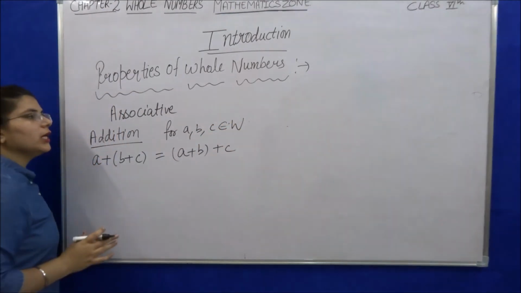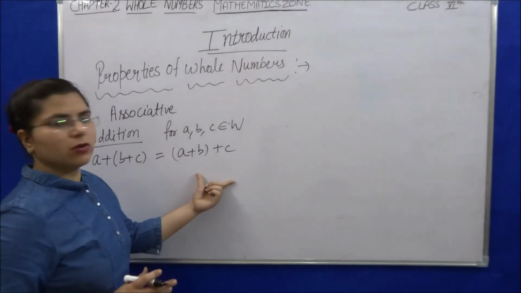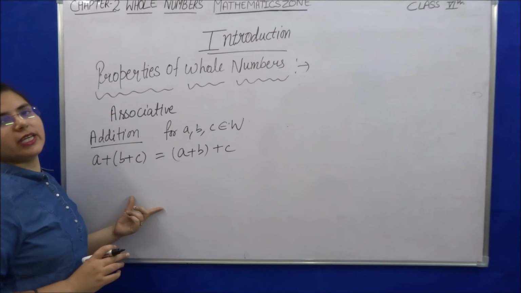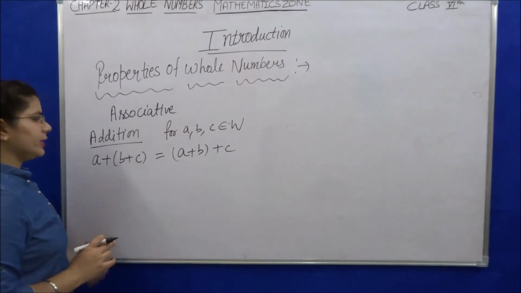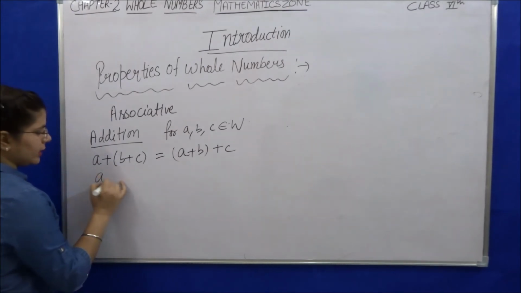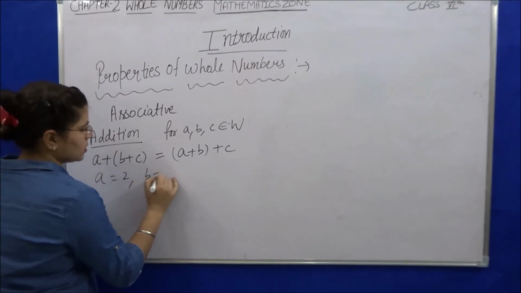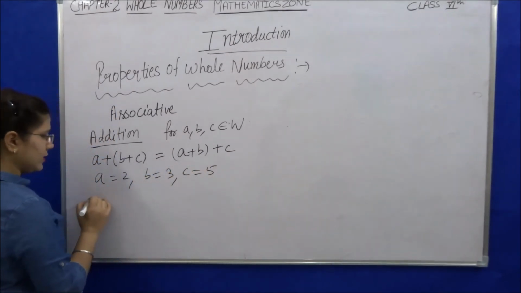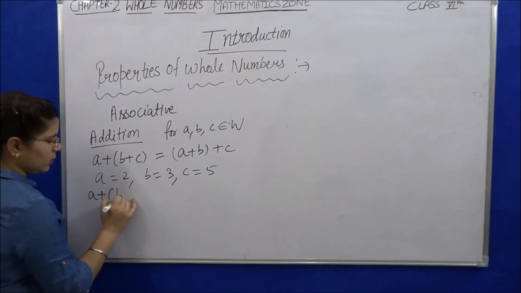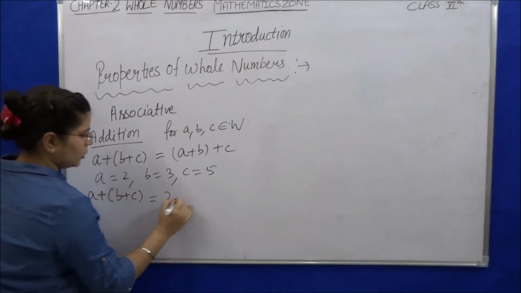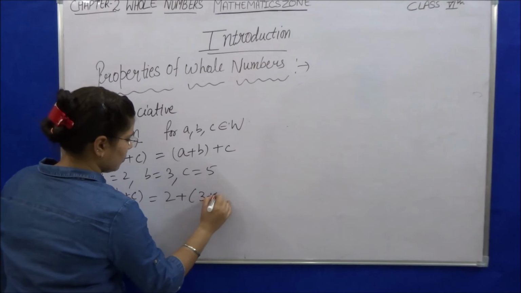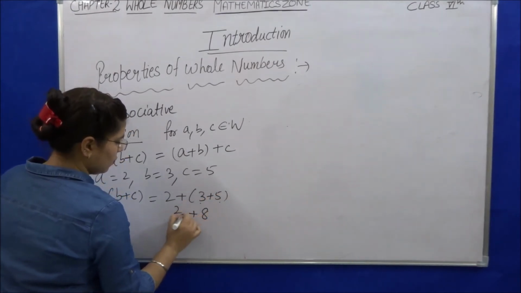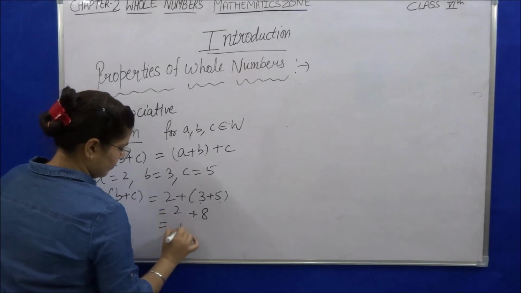So if this condition is satisfied under addition, then associativity holds in case of whole numbers under addition. Now let A is 2, B is 3 and C is 5. Then the left hand side is 2 plus 3 plus 5. Then 3 plus 5 is 8, 8 plus 2 will be 10.